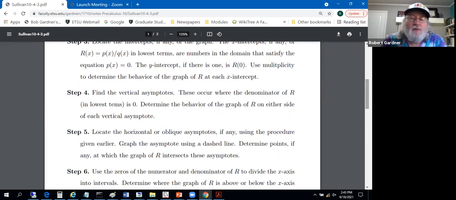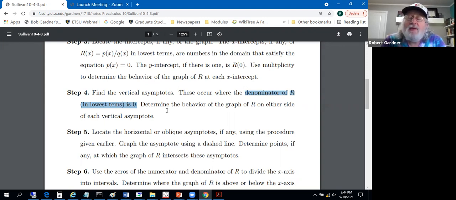Step 4, find vertical asymptotes. This occurs where the denominator of R in lowest terms is 0. So we have to have simplified with care before we can deal with finding vertical asymptotes. Vertical asymptotes will occur wherever the denominator is 0 after you've put rational function R in lowest terms.